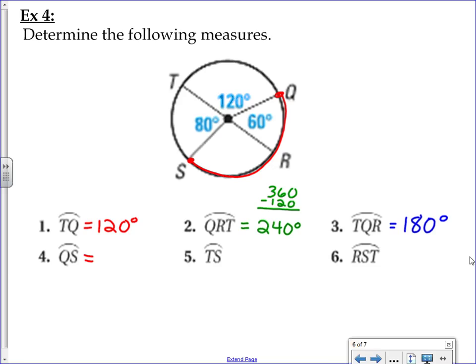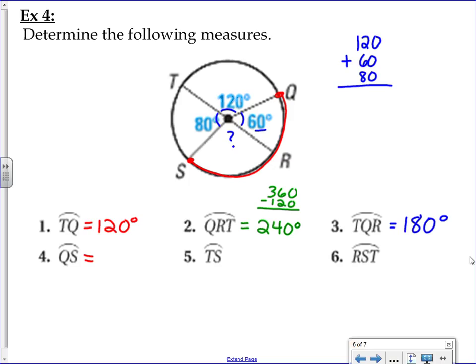Well, notice how when I look at my initial picture, I'm given all these angles, except for this fourth one. So how do you think we can figure out that fourth one? Because once we know the fourth one, we can then add it with 60 to get the measure of arc QS. Well, how many degrees is a full circle? It's 360. So you can add up the three angles that you have, 120 plus 60 plus 80.